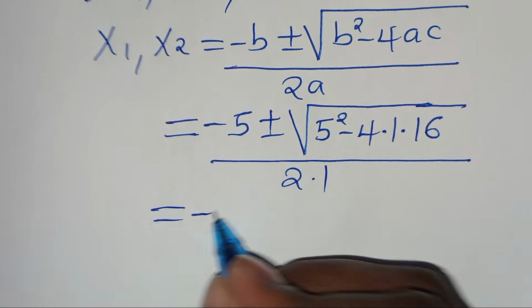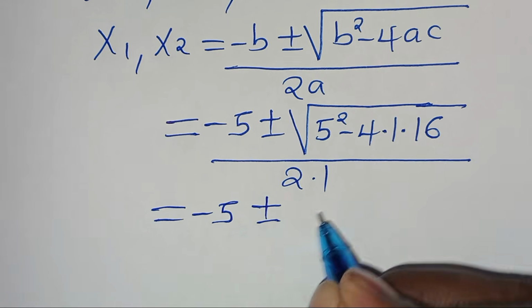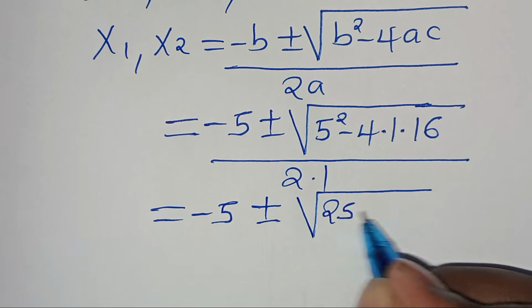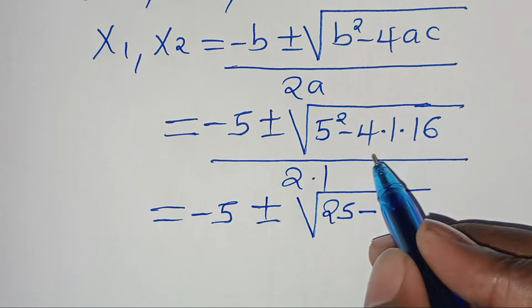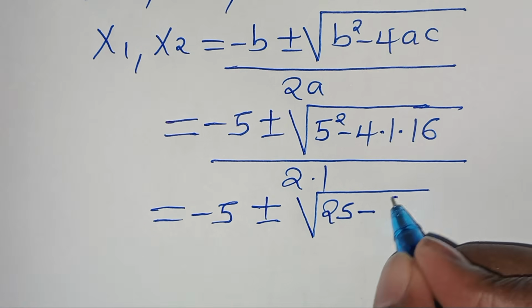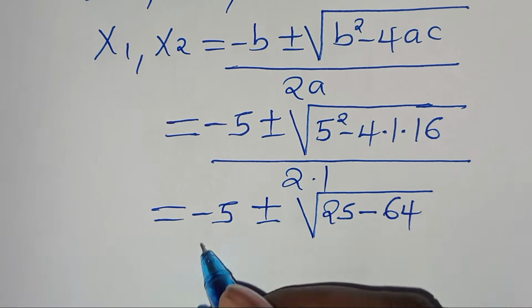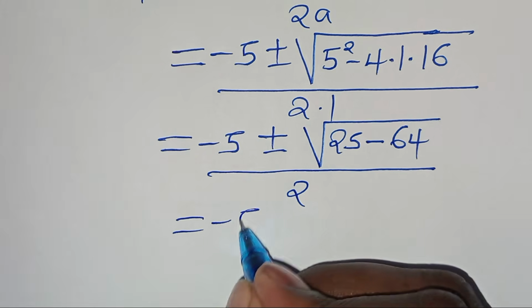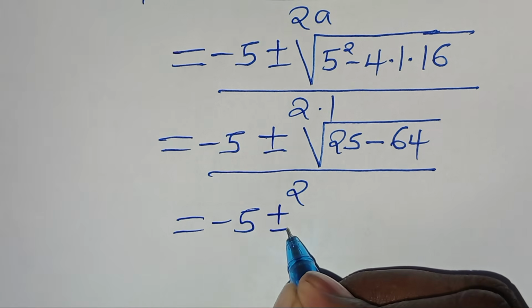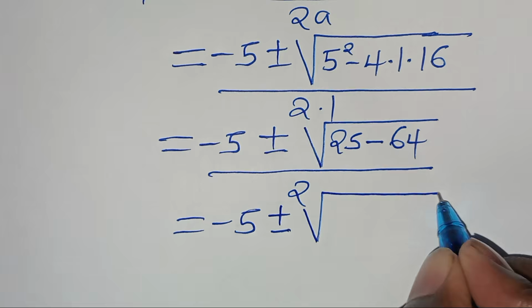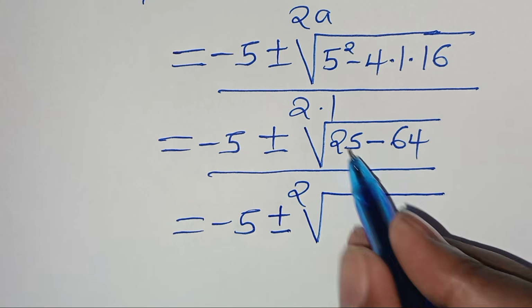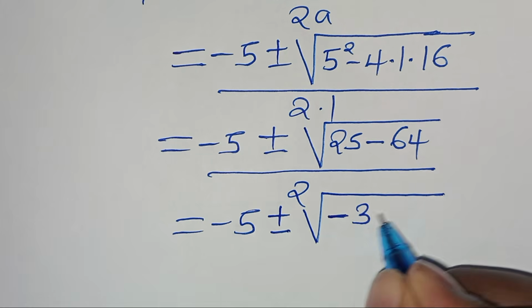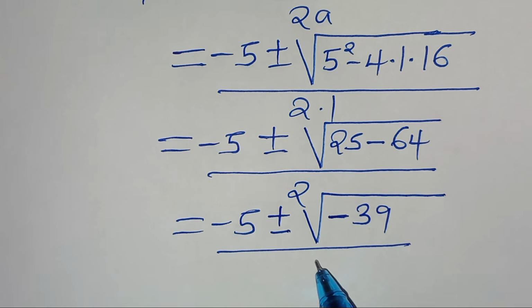So this is the same thing as negative 5 plus or minus the square root of 5 squared, which is 25, minus 16 times 4, which is 64, divided by 2. Now this is negative 5 plus or minus the square root of 25 minus 64, which is negative 39, divided by 2.